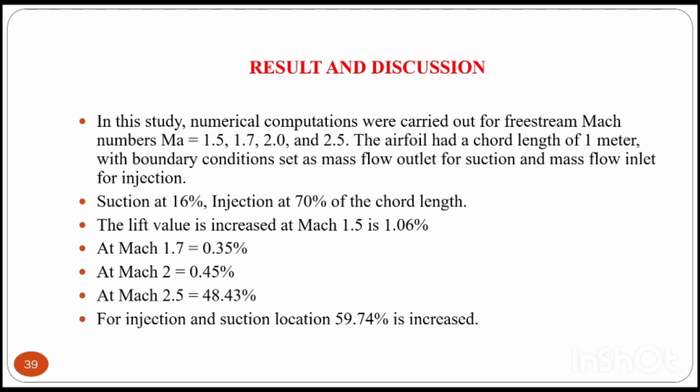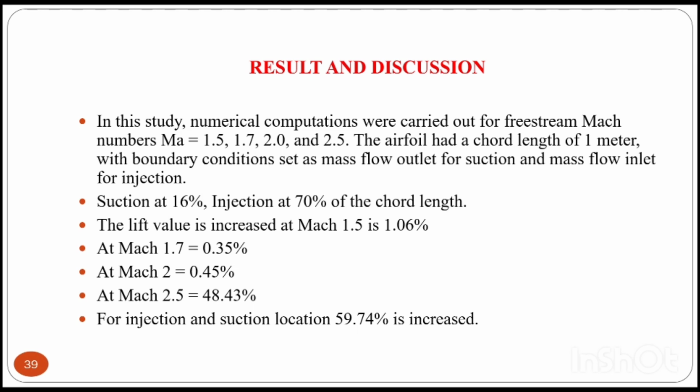Results and discussion. In this study, numerical computation was carried out for free stream Mach numbers from 1.5, 1.7 to 2.5. The airfoil chord length is 1 meter. The boundary condition is set as mass flow outlet for suction and mass flow inlet for injection. Suction at 16% and injection at 70% of the chord length.